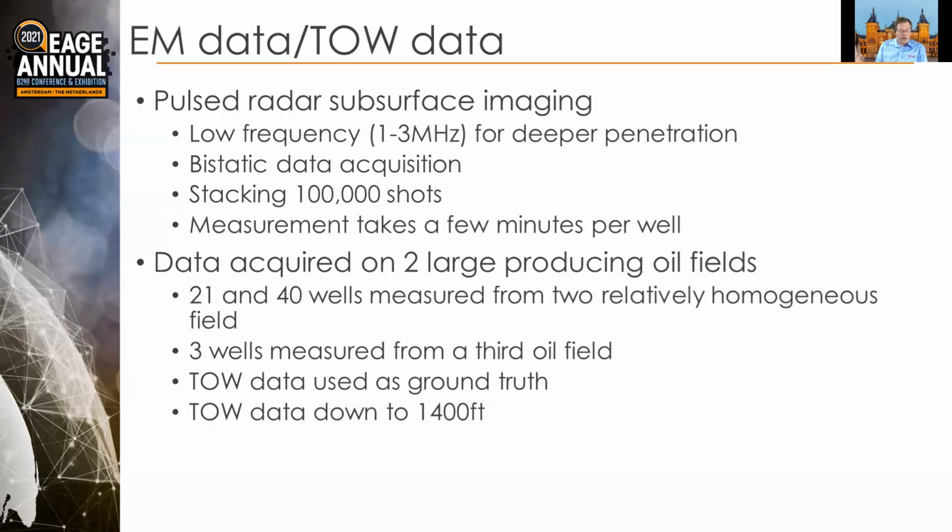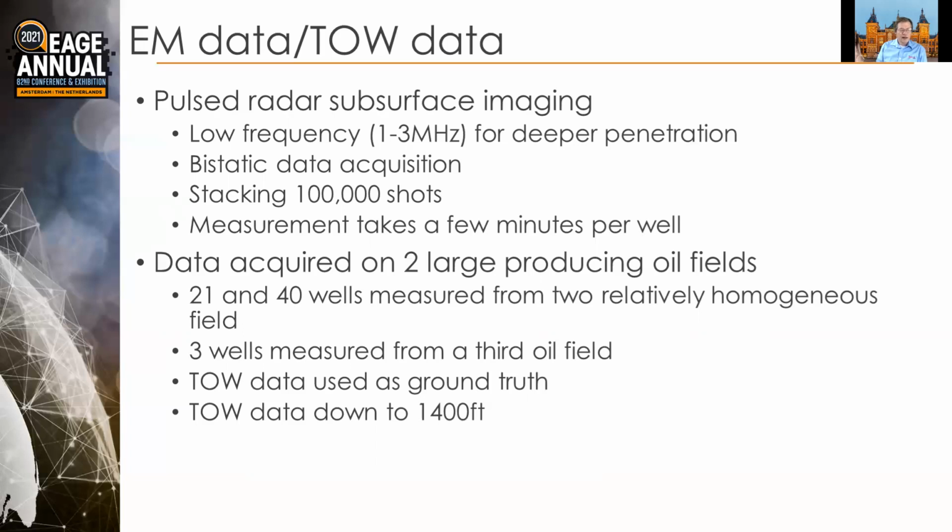The data that we acquired to develop this system was acquired on 2 large producing oil fields. On one we had access to 21 temperature observation wells, and on the other 40. We took our system there and took our electromagnetic measurements near those wells.